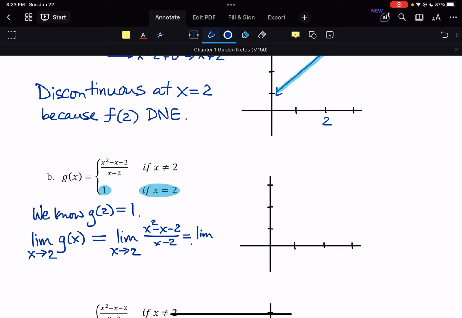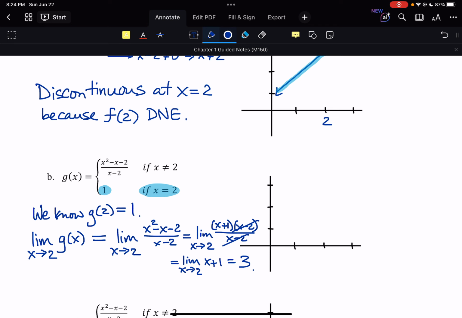And we can work a little factoring magic with this numerator. It gives us x plus 1 and x minus 2 over x minus 2. Those quantities cancel. So we have the limit as x approaches 2 of x plus 1, which is 3.